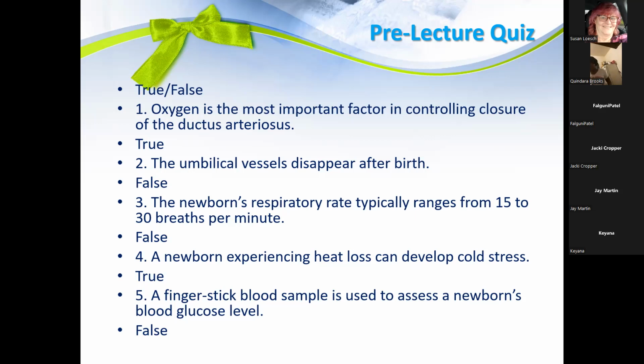So hypoglycemia is a very common problem, especially in the first couple days until that liver starts to mature a little bit and is able to regulate. So how can we counteract that? What's the best way? By feeding them. Early breast or bottle feeding.